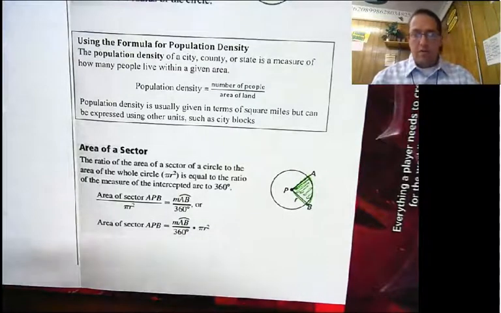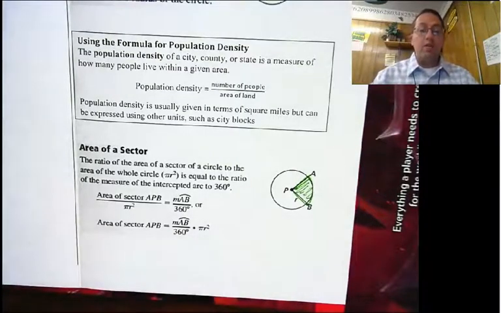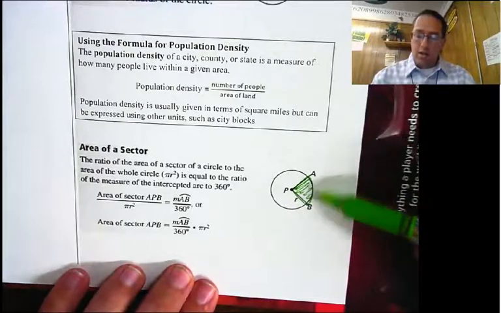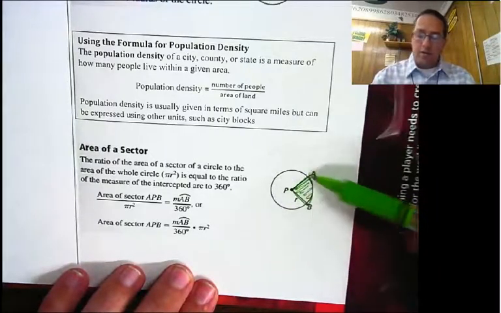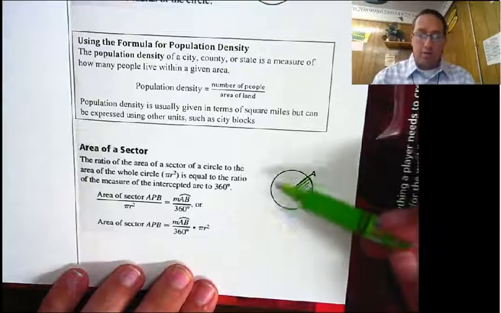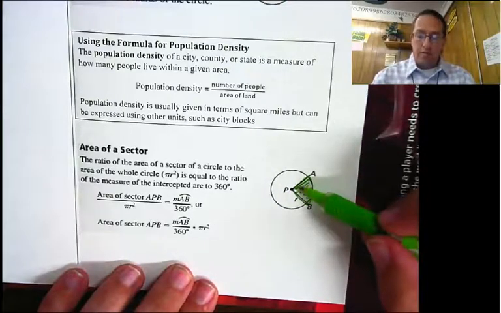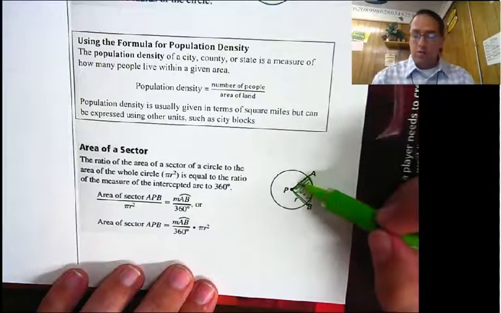Now the area of a sector, to find that, we're basically going to do the exact same thing we did to find the length of the arc. And what that is, if you remember, the length of the arc over the circumference of the entire circle is equal to the measure of the central angle divided by the measure of the angle going all the degrees all around the circle, so 360.